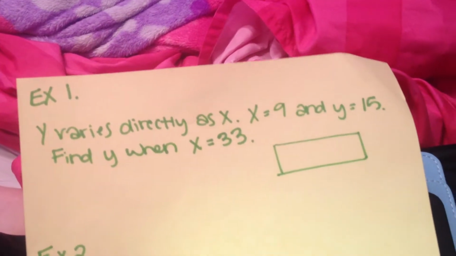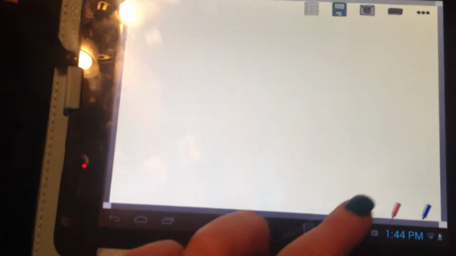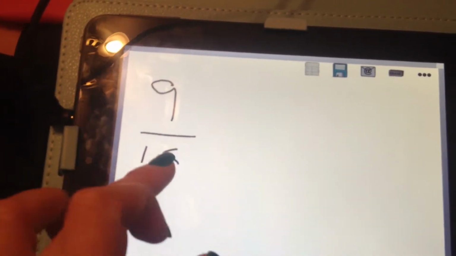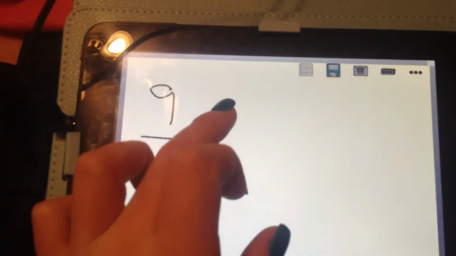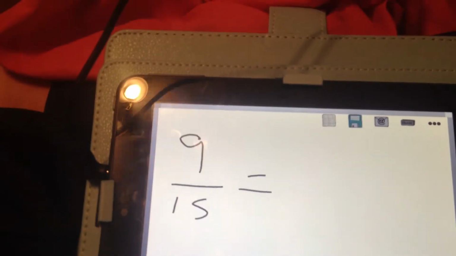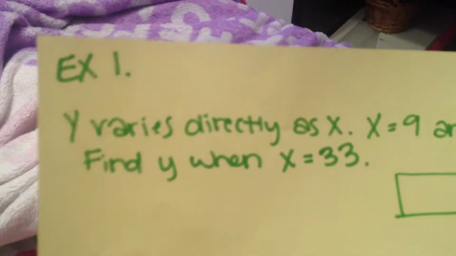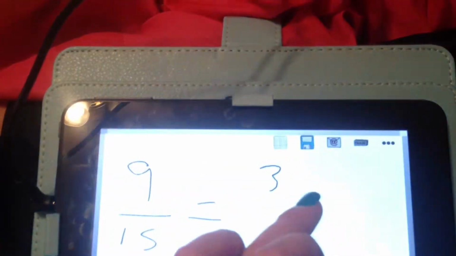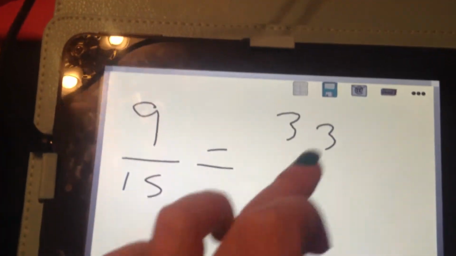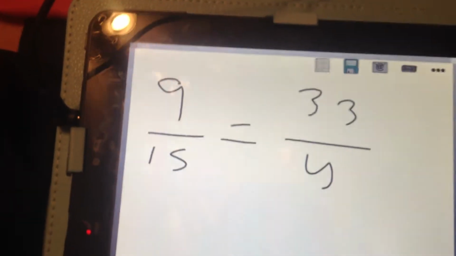So we're going to plug in x equals 9 and y equals 15 into a proportion, and set it equal to our next proportion. It doesn't give us a y, we have to find it when x equals 33.